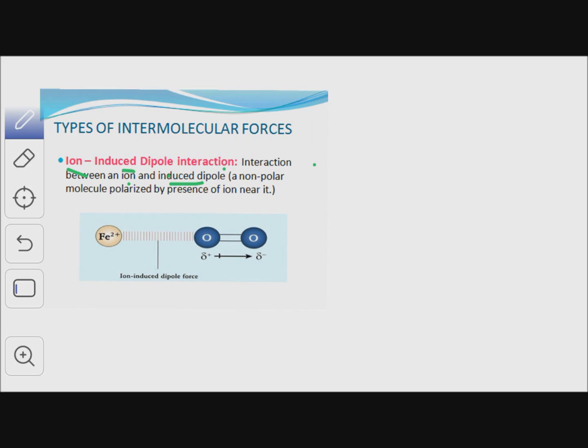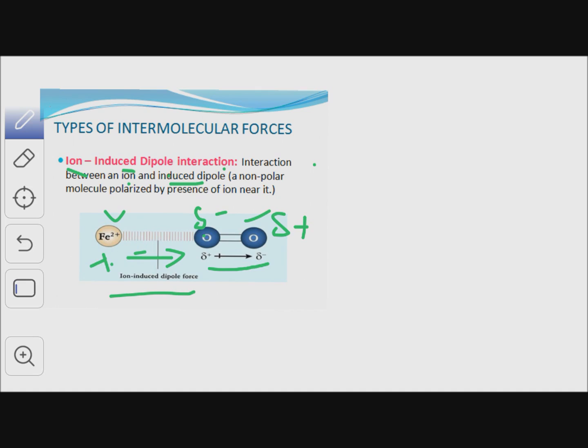For example, in the case of Fe2 positive and an O2 molecule, if this Fe2 positive approaches the oxygen molecule, it gets polarized. This oxygen acquires partial negative charge, and the second one acquires partial positive charge, and the attraction between positive and negative charge is called ion-induced dipole interaction.